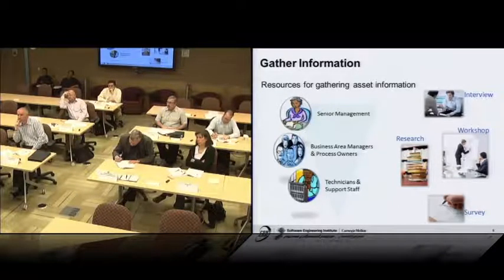So the technician's going to say, all of my desktops are important because if one of them breaks, Sally can't do her job and Bob over there is going to get mad because he can't get on email. The business owner may say that the desktops are important, but really I've got a set of servers over here and my iPad that are the really critical things we have to keep up and running.